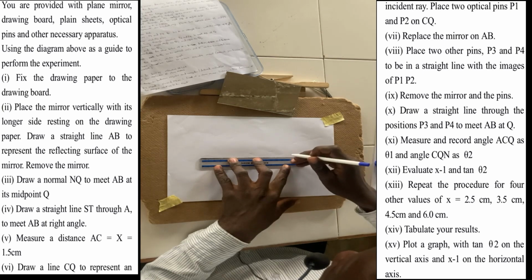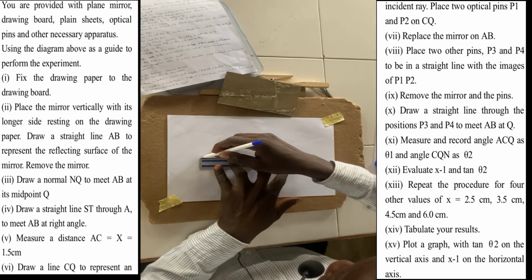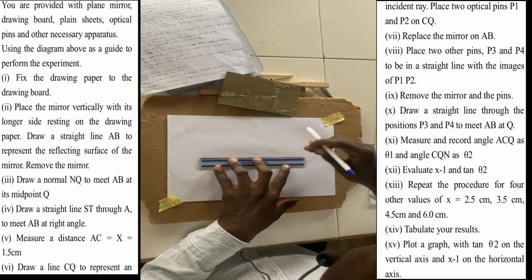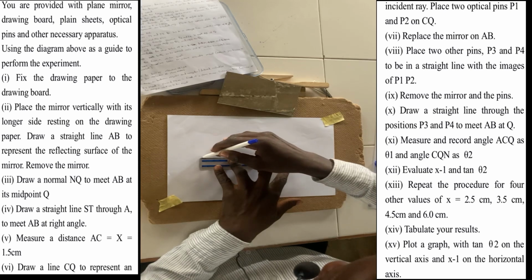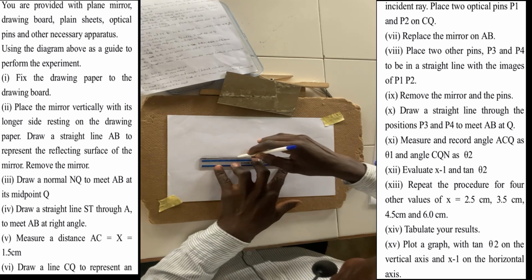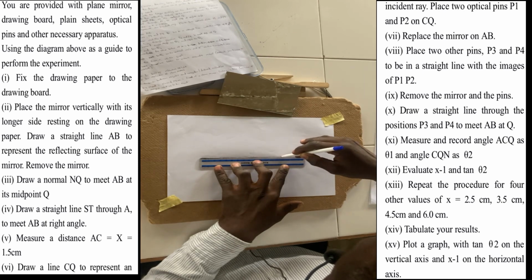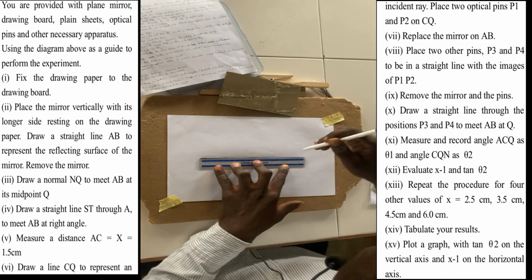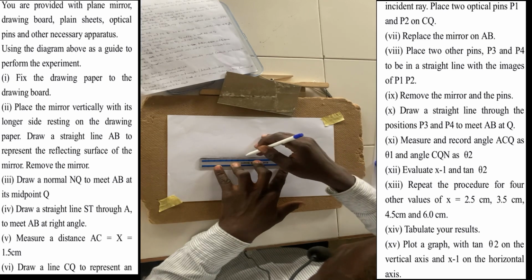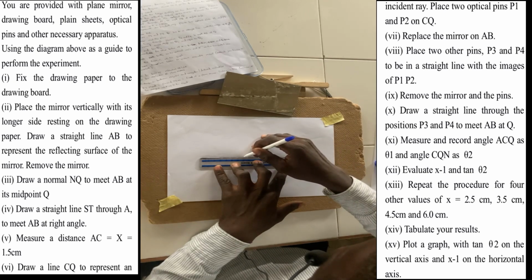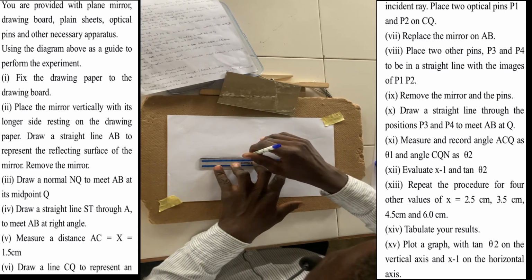So now we have the line AB, which is 14 centimeters, and the midpoint of the line is very, very important, which is 7.